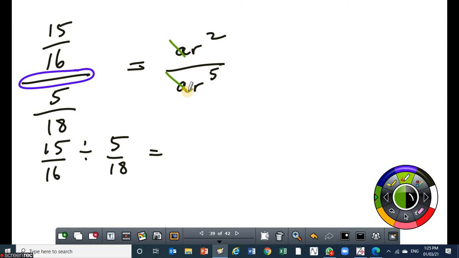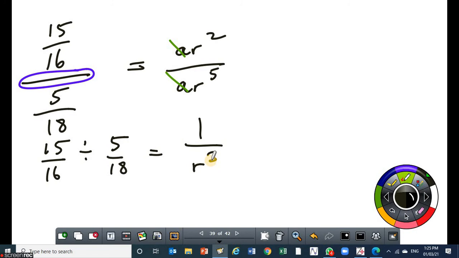Then you are going to have R squared divided by R to the power of 5. If you use your laws of exponents, that right-hand side becomes 1 over R cubed, because we have 2 R's on top and 5 of them there. So out of these 5, 2 of them will cancel with those 2, and you'll be left with what?